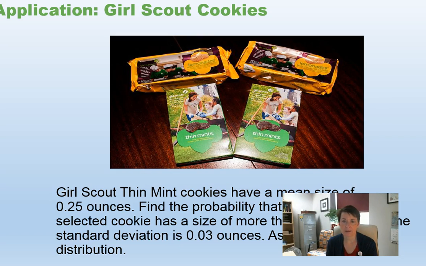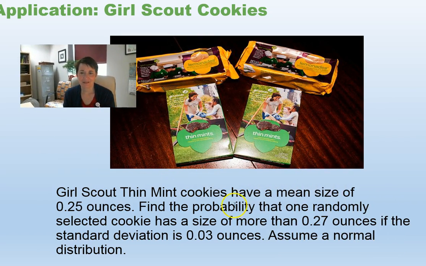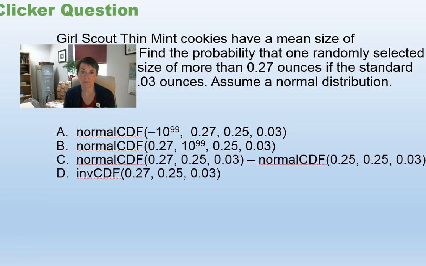Girl Scout cookies. Find the probability that one randomly selected cookie has a size more than 0.27 ounces, and if the standard deviation is 0.03 ounces. Assume a normal distribution. So here, I'm given the information, and let's look at what our options are.